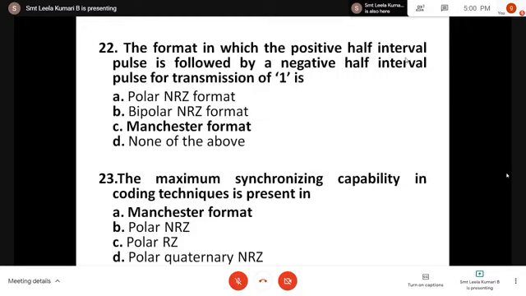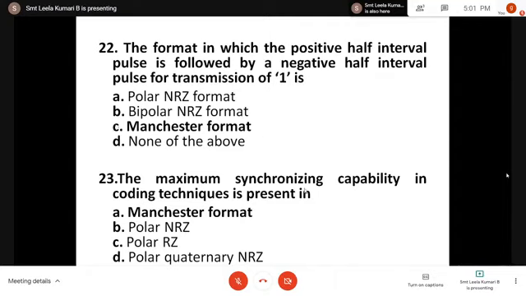The format in which the positive half interval pulse is followed by a negative half interval pulse for transmission of one. So in Manchester code, actually a positive half interval pulse followed by negative half interval represents 1, and negative pulse in negative interval followed by positive half interval represents 0. So Manchester format.